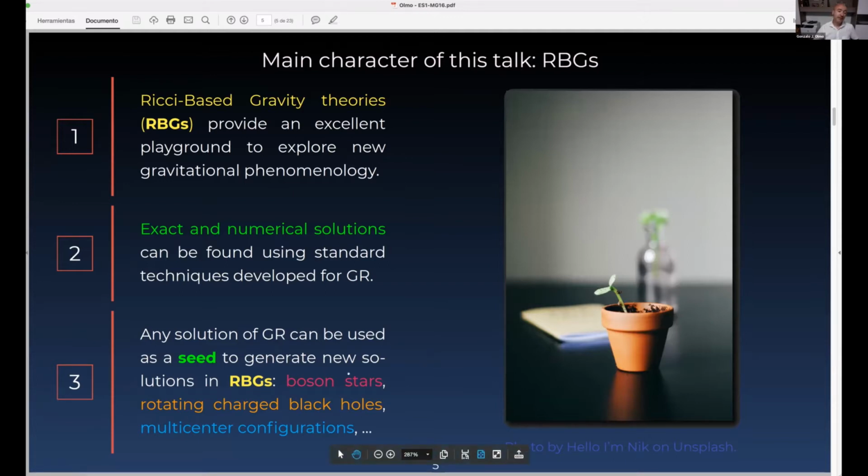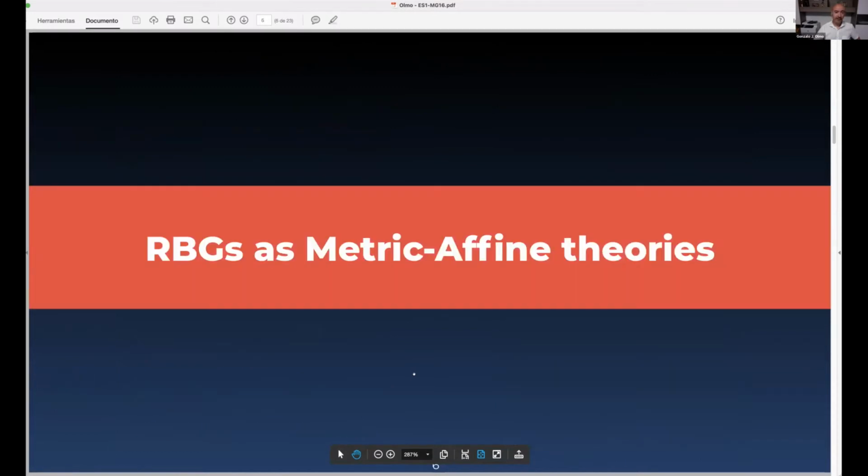This means that you don't need special configurations. Boson stars typically are spherically symmetric, rotating objects are axially symmetric, but multi-center configurations do not have any symmetry. So anything you can do in general relativity can be done in these theories.